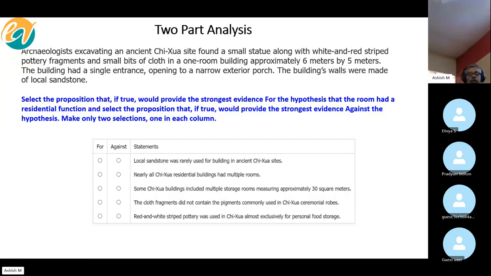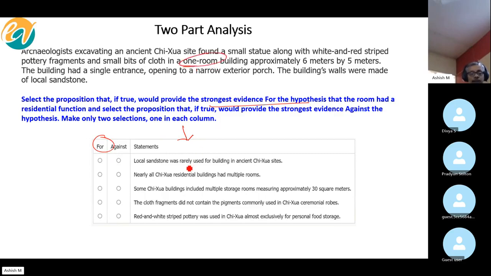So are you clear with the question now? Are you clear with the question statement? Select the proposition that, if true, these are the various propositions, correct? So select the proposition that if true would make the strongest evidence for the hypothesis that the room had a residential function. What room are you talking about? This room.